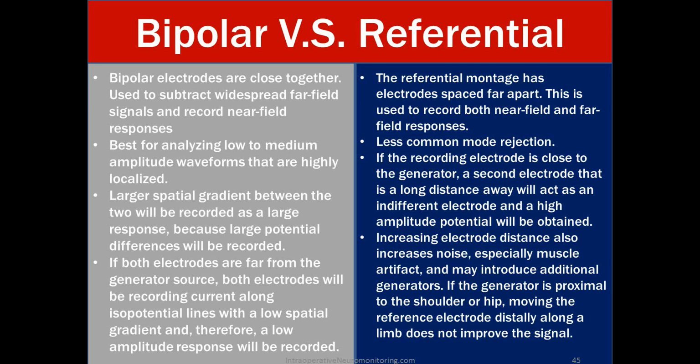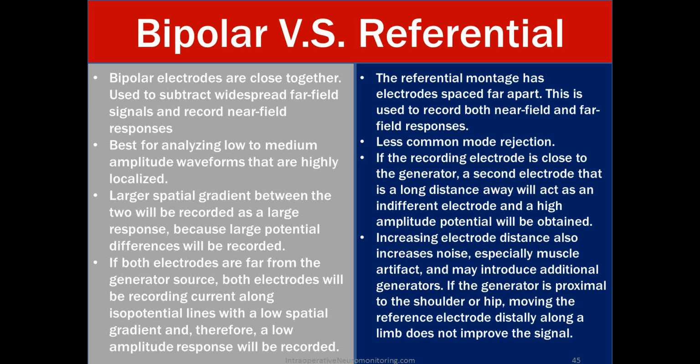Bipolar is best for analyzing low to medium amplitude waveforms that are highly localized. Near field potentials are almost always localized to a certain area, and the closer you are to that generator area, the better your response will be, and it is not very forgiving if you are further away from that recording spot.